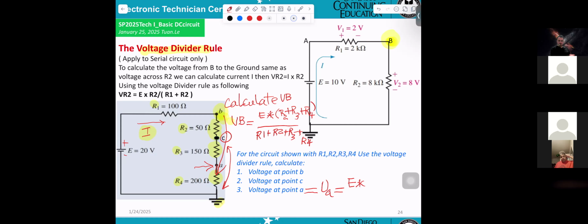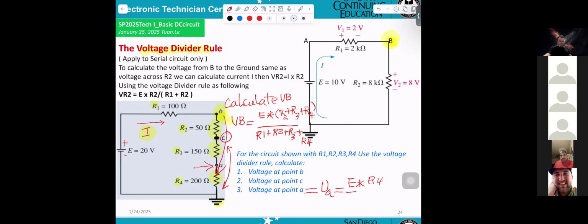Who knows? Times which one? R4. Perfect. R4 divided by R1, R2, R3. That's how we use the voltage divider.